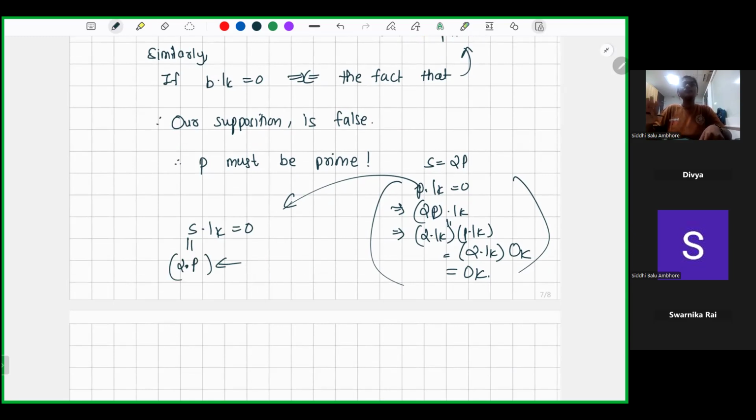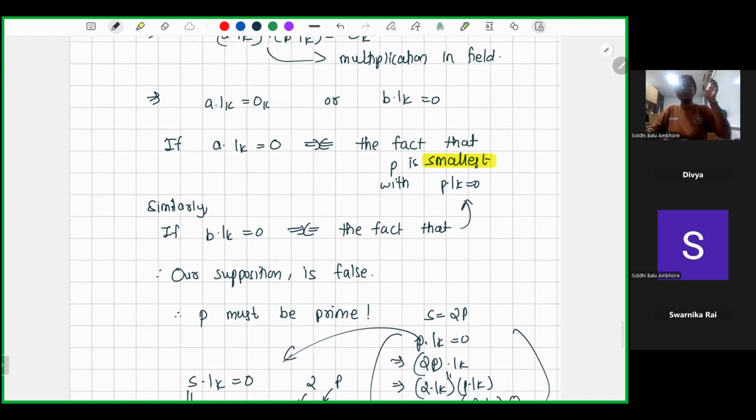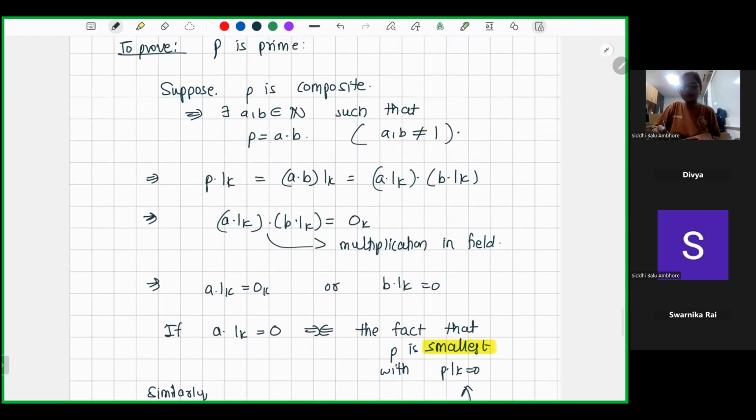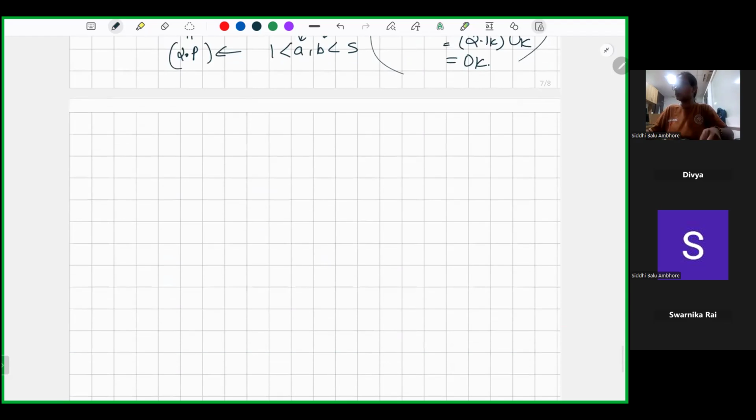And we do not want such kind of expression. So taking 2 and this P, both of them are less than S, and such a decomposition of S is possible. But since we are taking this P as the smallest element, it's not possible to have such a decomposition of P as a product of two integers. And that's why we could prove that it is a prime element. Okay, and now the final part of this question.